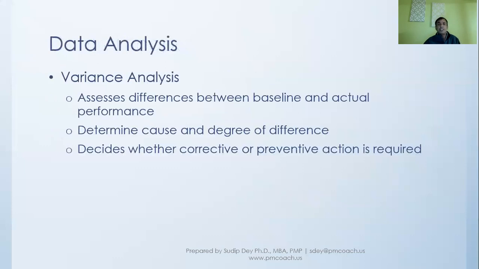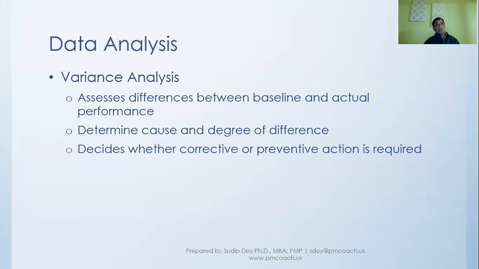For the data analysis, we talked about two kinds of data analysis that come about here. One is variance analysis, and this variance analysis is really the differences between baseline and actual performance. So we see where we are and what the baseline was.